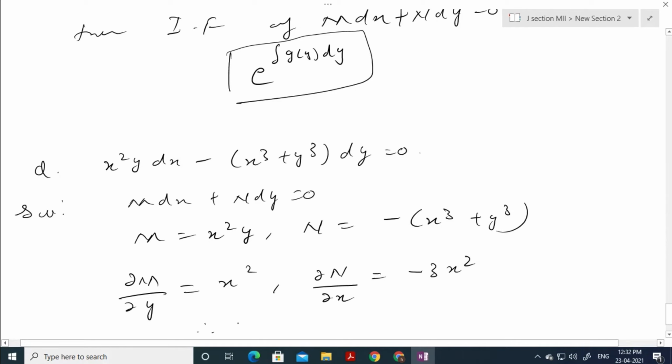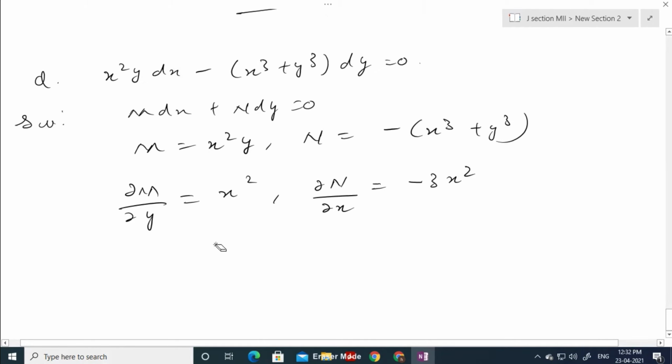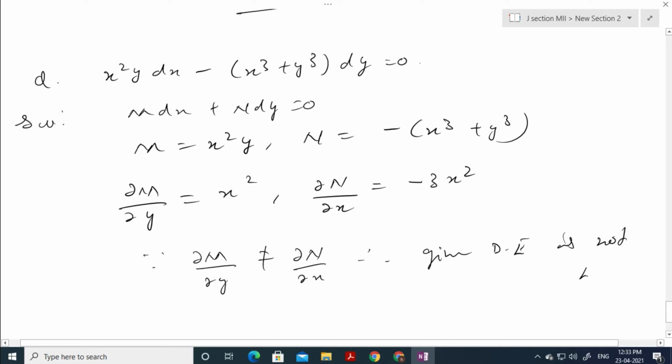Since dou M by dou y is not equal to dou N by dou x, the given differential equation is not exact.